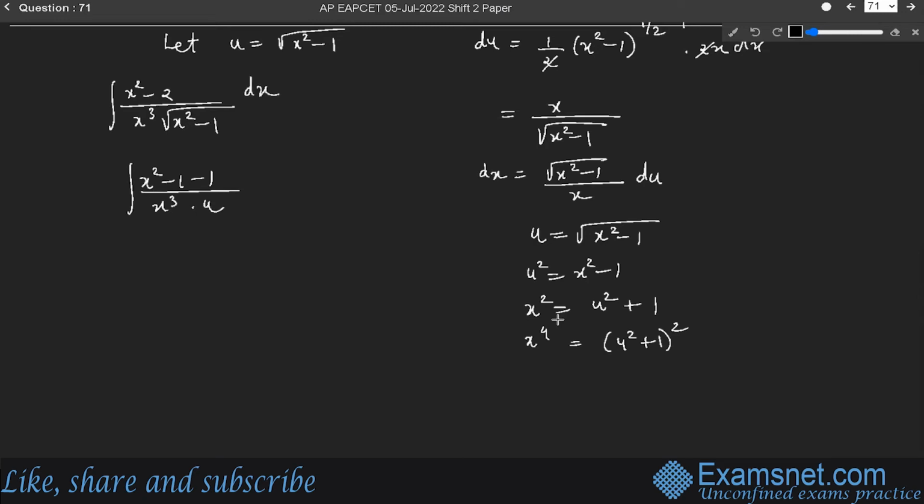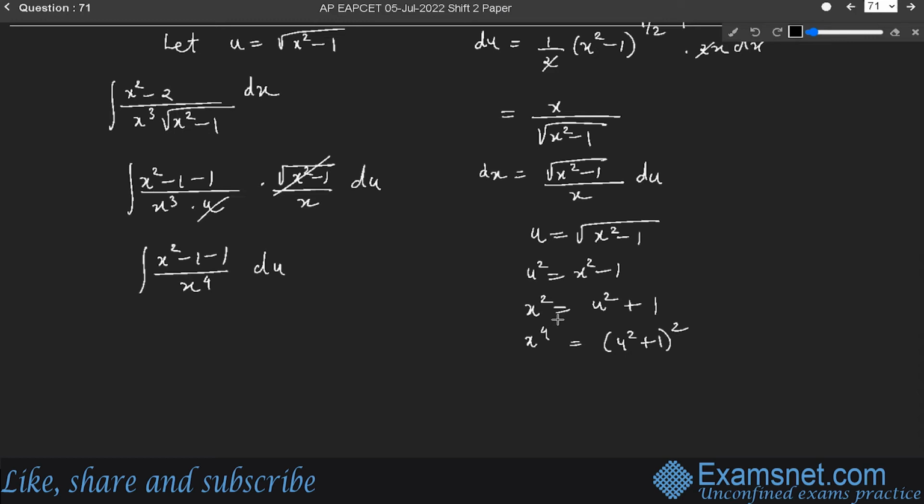We know that the value of dx is under root of x square minus 1 divided by x into du. So we know that u is equal to under root of x square minus 1. So u and under root of x square minus 1 are equal, so both of these will be cancelled. So the remaining terms will be x square minus 1 divided by x to the power 4 into du.